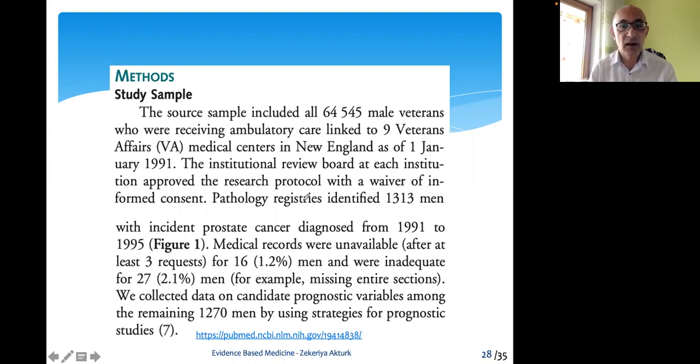You see, they have reported the total number of male veterans, ambulatory, who came to the hospital, 64,000, and among them they had 1,270.